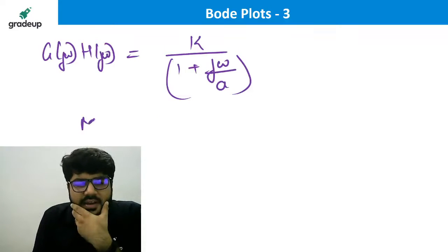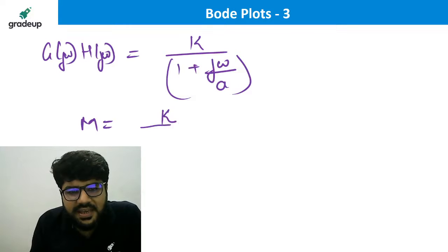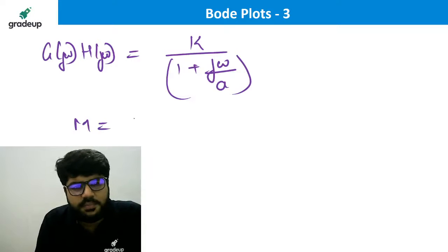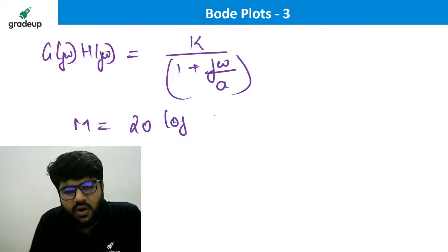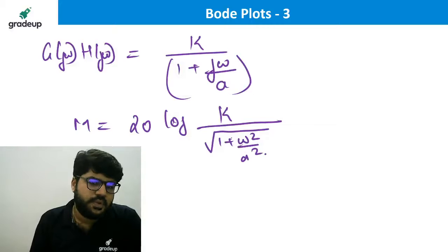So what is the magnitude function? Let's look at the actual magnitude function. That is K divided by, let me take it in the log scale only because we have to compare the dB gain. So 20 log of K divided by under root of 1 plus omega squared a squared.